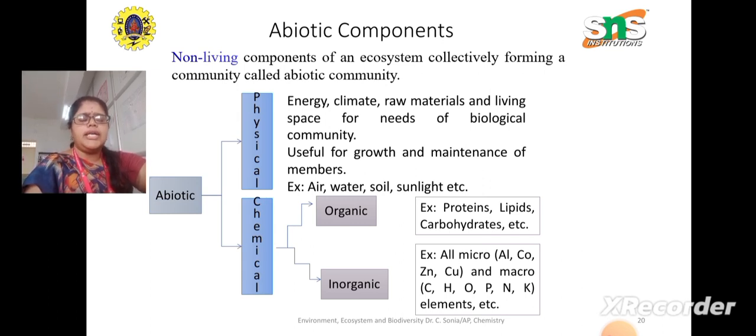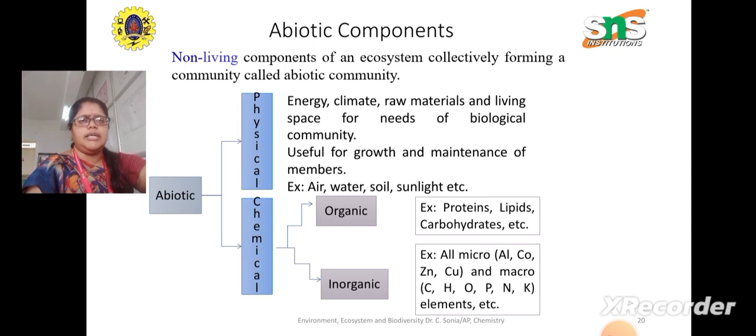Organic examples are proteins, lipids, carbohydrates, etc. And inorganic includes micro nutrients like aluminum, cobalt, zinc, copper, and macro elements like carbon, hydrogen, oxygen, phosphorus, nitrogen, potassium, etc.